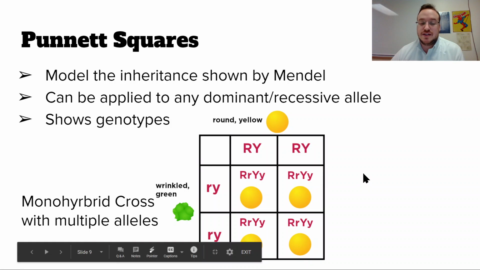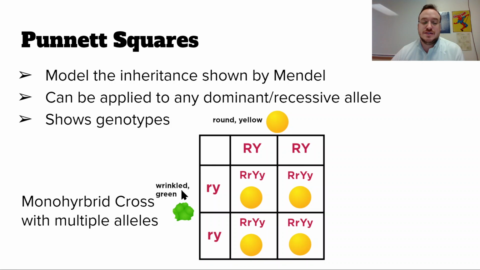Looking at it a slightly different way, right? This is a wrinkled green and a round yellow. So we're looking at two different alleles, but looking at them the same way. So we can combine these and use one Punnett square instead of having to do two different Punnett squares for this same cross.